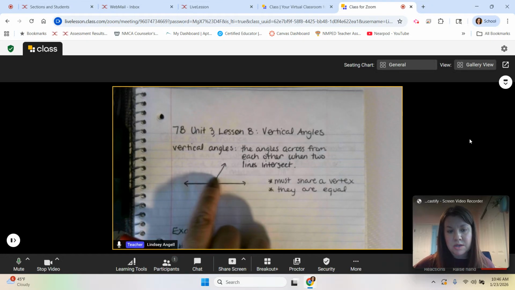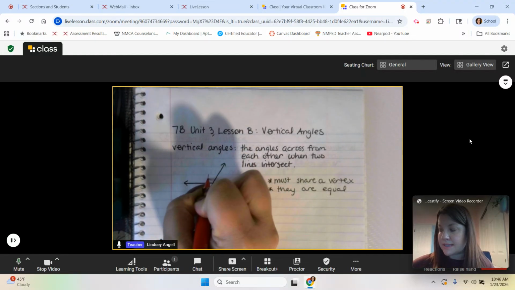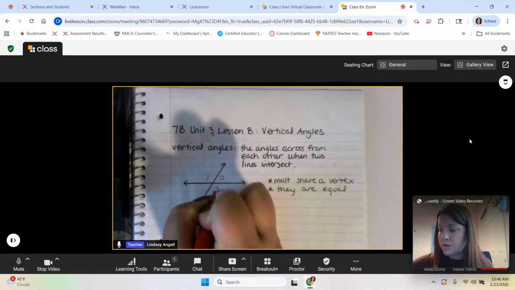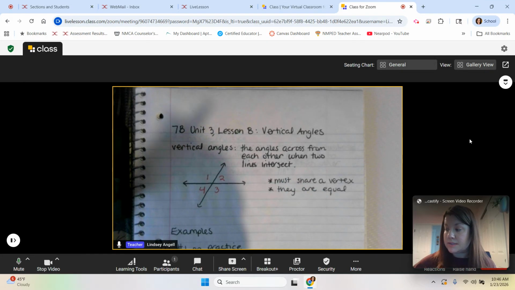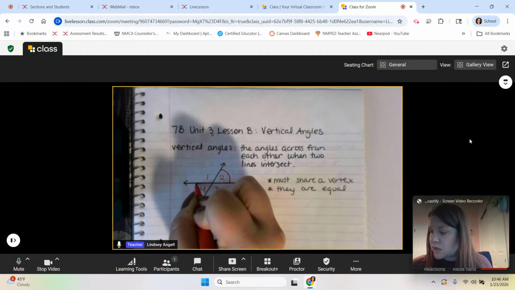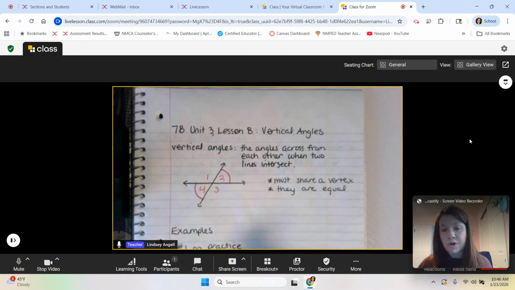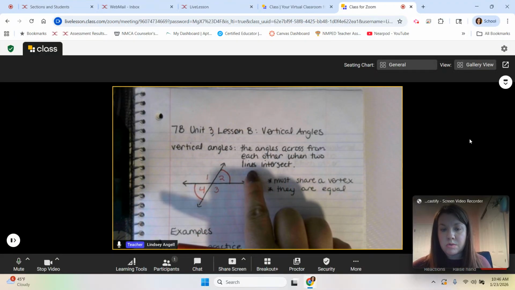All four of these angles share that same vertex. I could label these angle 1, 2, 3, and 4. One example of vertical angles could be 2 and 4.